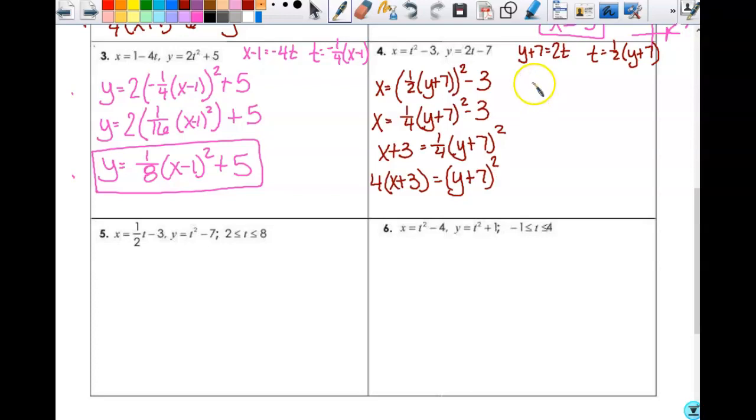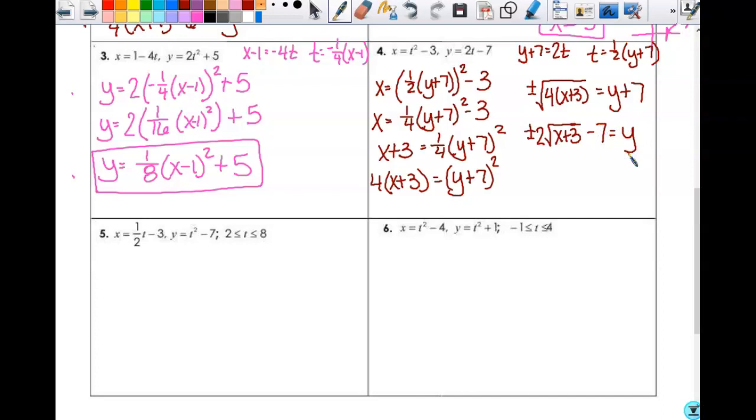So that will give me plus or minus the square root of 4 times x plus 3 equals y plus 7. And then I'm going to subtract 7 from both sides, and I can take the square root of 4. So this is going to give me plus or minus 2 times the square root of x plus 3 minus 7 equals y.